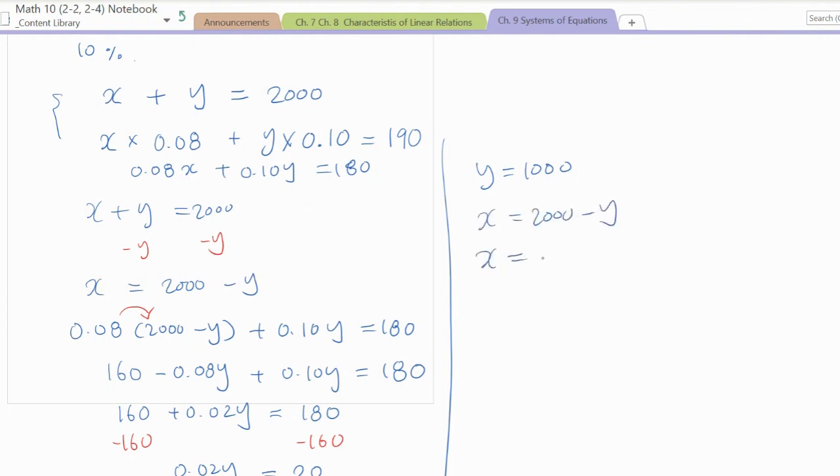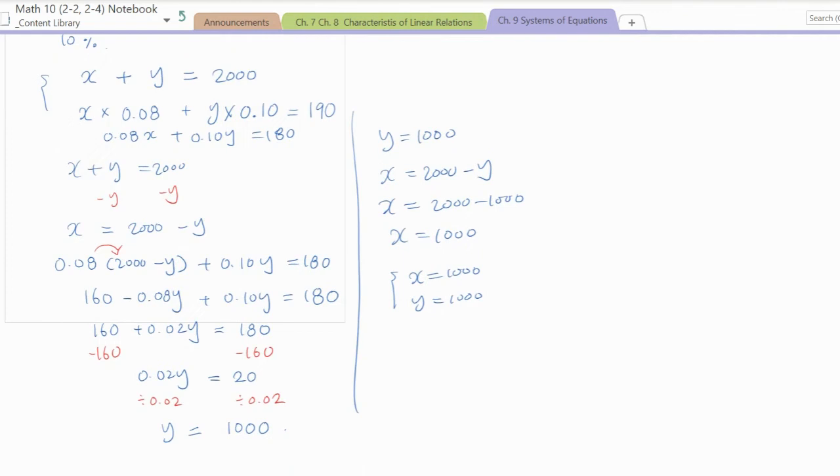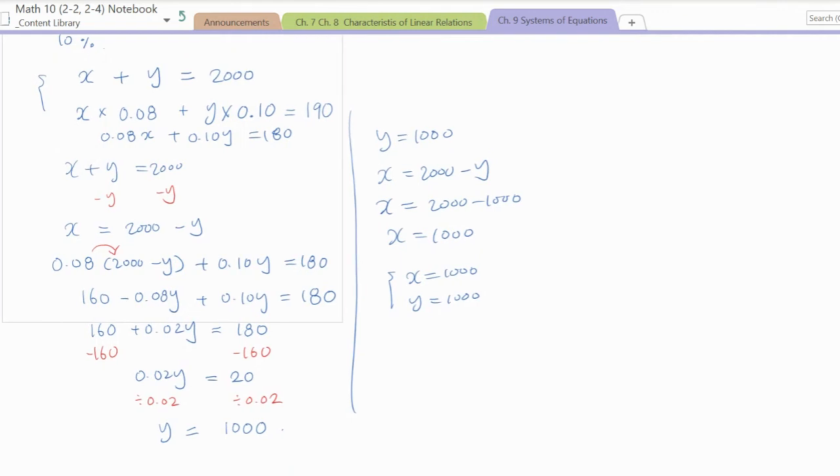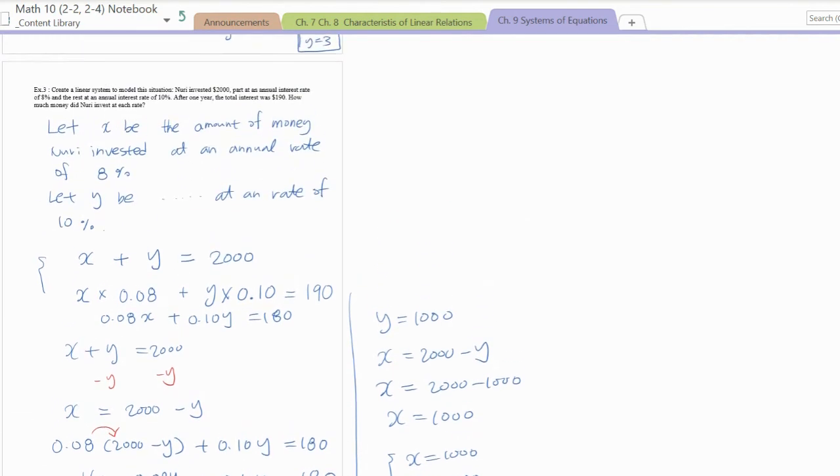So x will be 2,000 minus 1,000. Then x is 1,000. Alright? So x and y are both 1,000. So she invested $1,000 at a rate of 8% and another $1,000 at a rate of 10%. Okay?